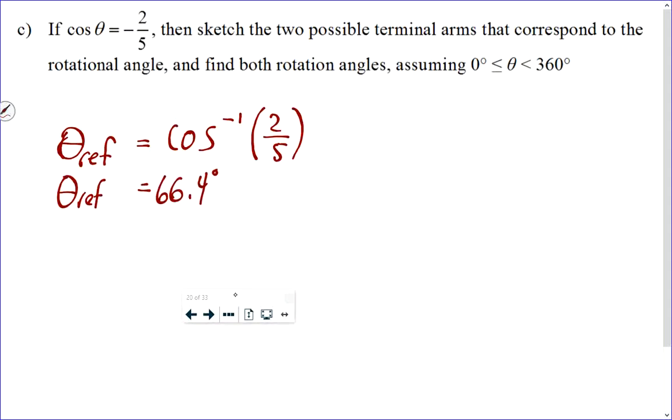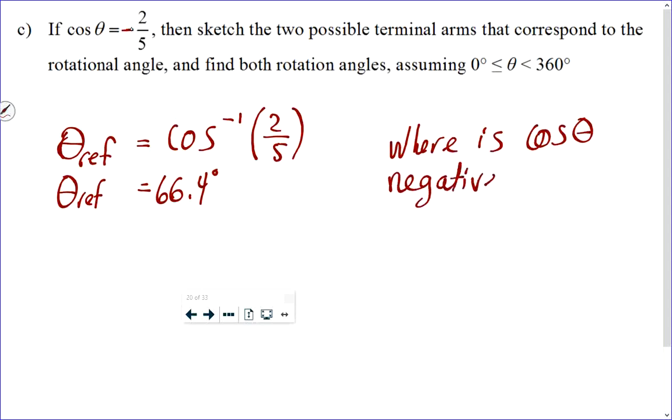I now look at the fact that cosine was negative, and I ask myself, where is cosine of an angle negative? Well, thinking about this, cosine of an angle is equal to x over r.